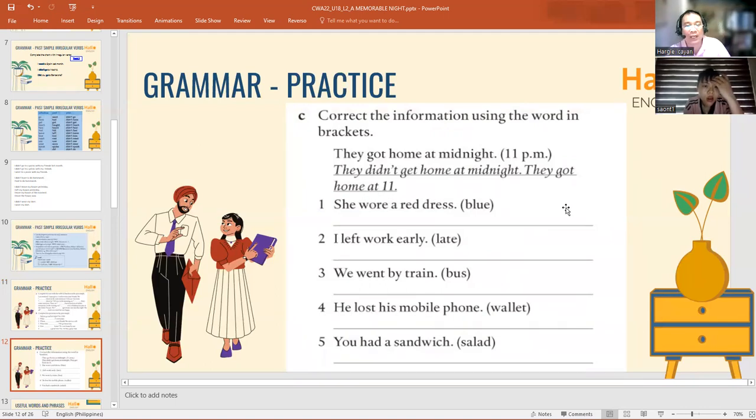Okay. So let's try to correct the information. Like, for example, she wore a red dress. She didn't wear a red dress.